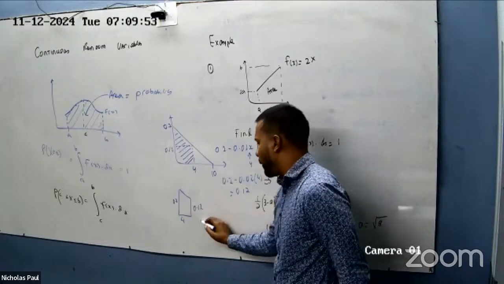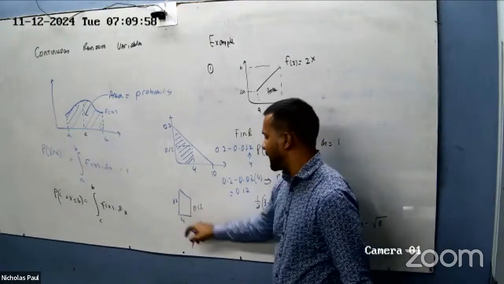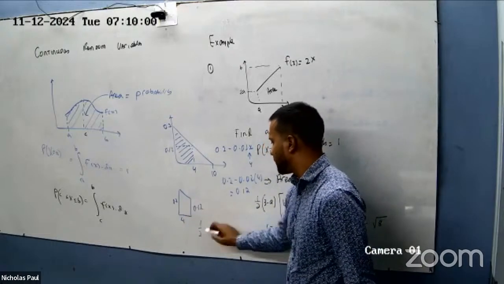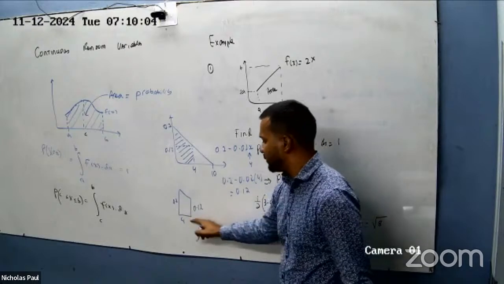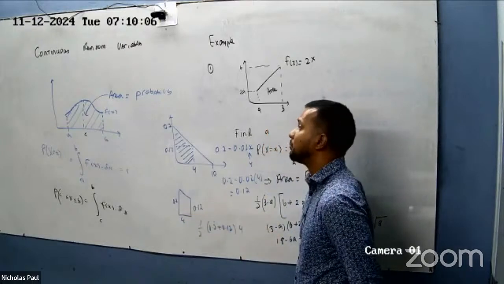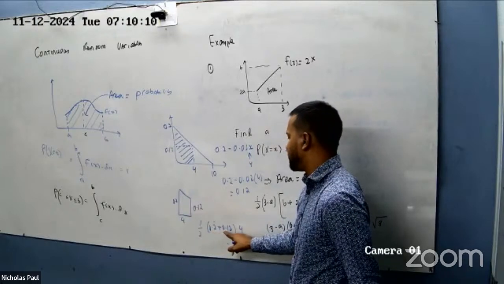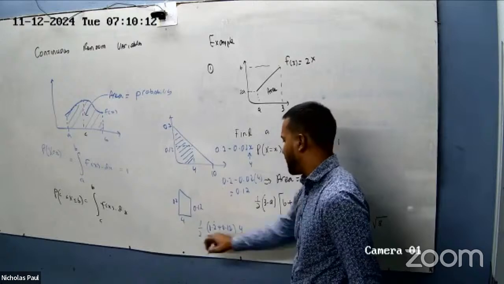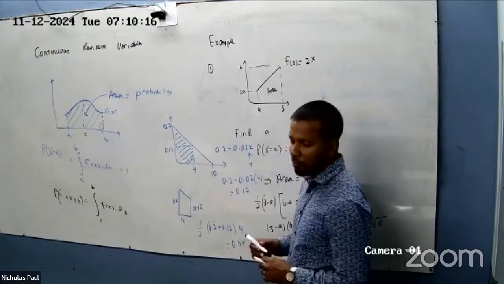Now I use the formula for a trapezium, half the sum of the parallel sides by the height, which is 4. So this is 0.32 by half of 4, which is 0.64.